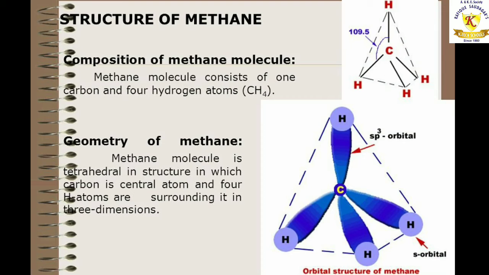And geometry of methane: the methane molecule is tetrahedral in structure, in which carbon is the central atom and 4 hydrogen atoms are surrounding it in 3 dimensions. So this is the structure and the geometry of the methane molecule. Understood, children? Okay.